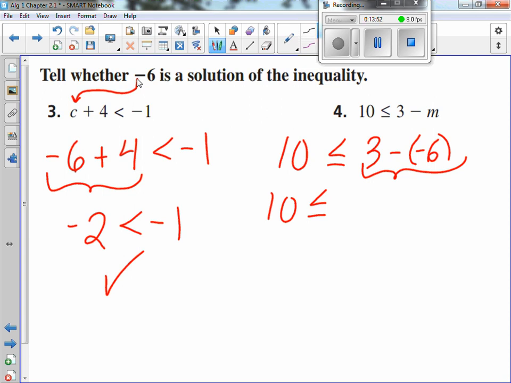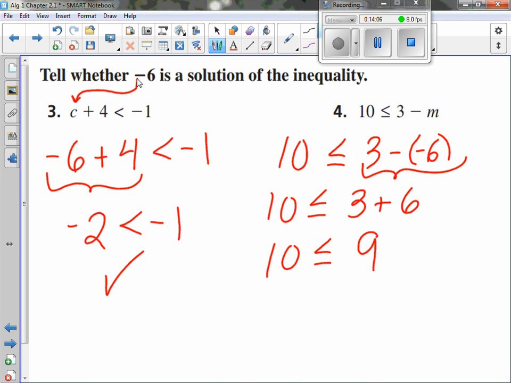So really what we have here is 3 plus 6. And what is 3 plus 6? Is 9. Is 10 less than or equal to 9? It's greater than. It needs to be the other way if it were true. So this is no. It is not part of the solution set.